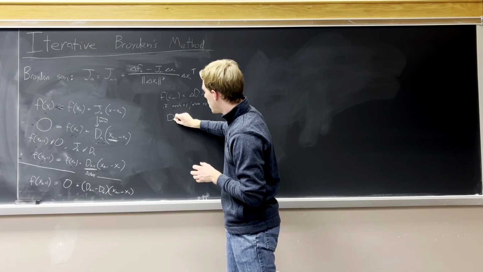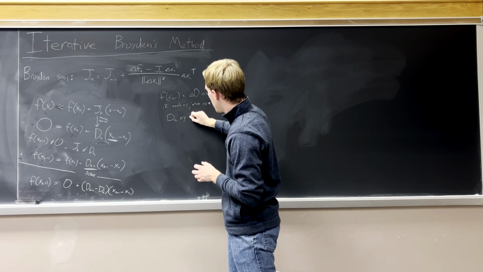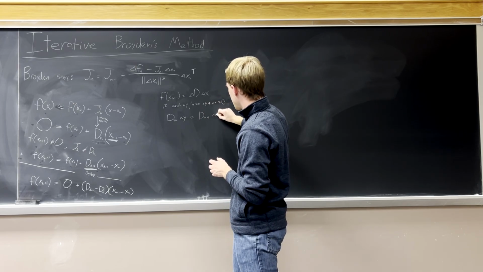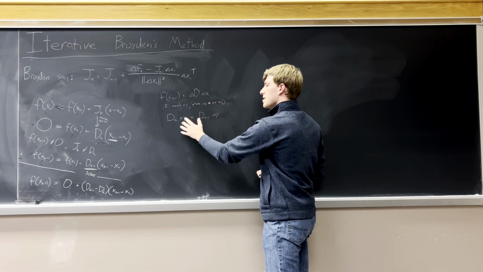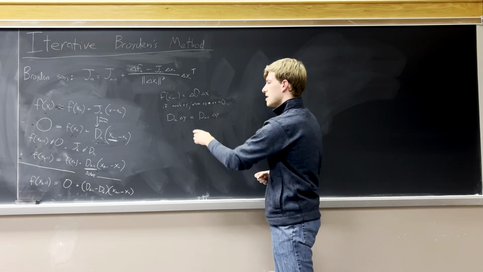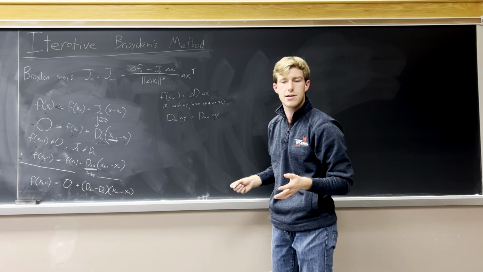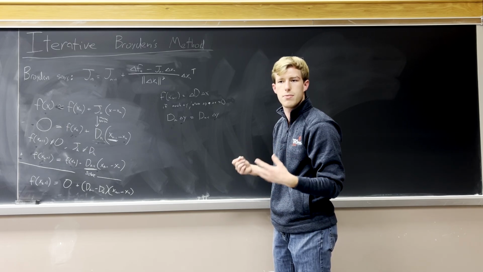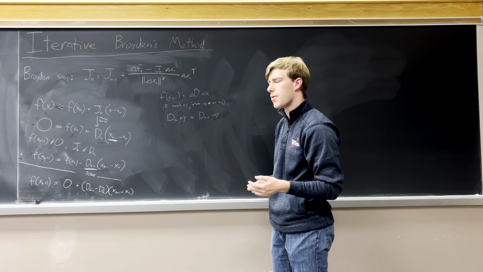So D of k times delta y will be equal to D of k+1 times delta y. Again, the only difference between these is an improvement in the delta x direction, and since we're moving in a direction that is perpendicular to delta x, that improvement will have no effect on the error when we move in the delta y direction, the error from 0.